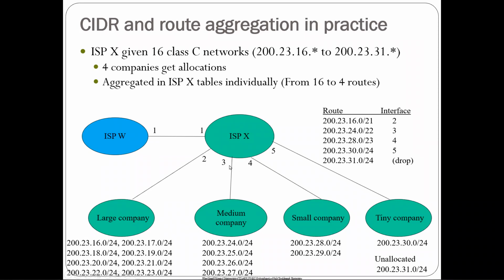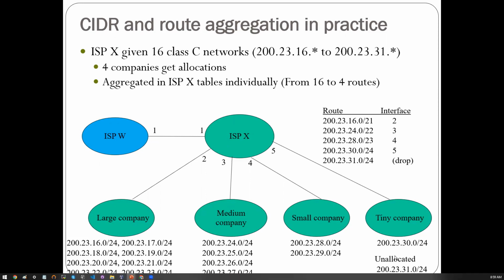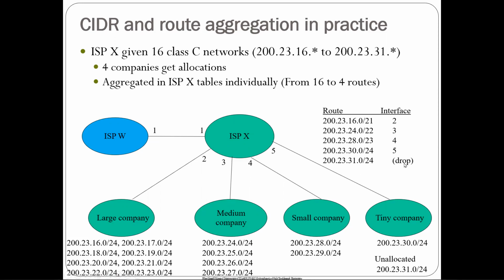And then this goes across interface 3. Likewise, for 4 is basically 2 of these things, so it's a /23. And then 5, there's only 1 subnet here, so it gets its own route entry. And then for anything that doesn't match, you would implicitly just drop this packet, because this company hasn't allocated that space, so there should be nothing on there, right? Nothing should show up.